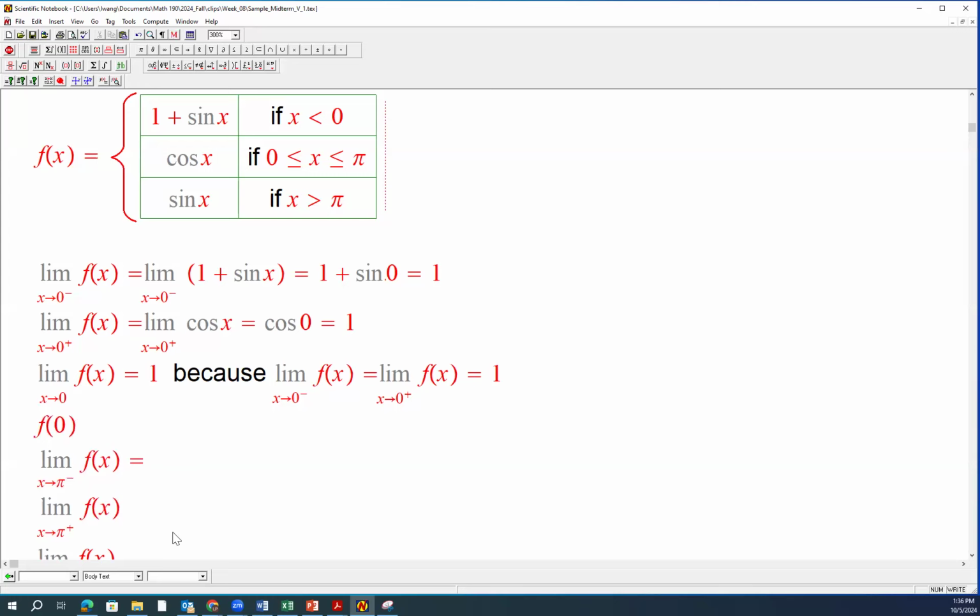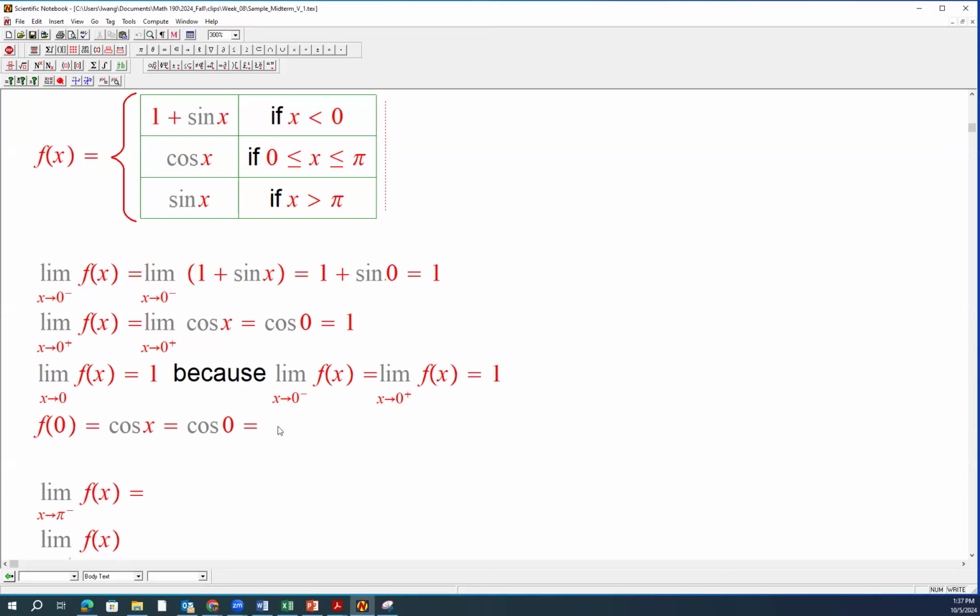F of 0: when x equals 0, then you apply the cosine function. Don't write cosine x. Write cosine 0. In the past, I saw this mistake. Why do I say it's a mistake?